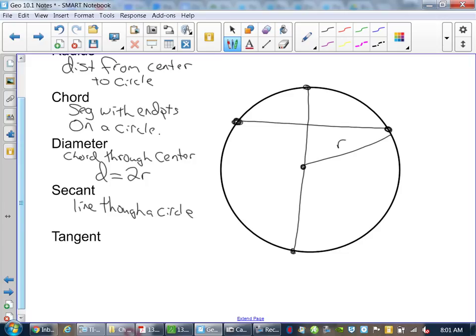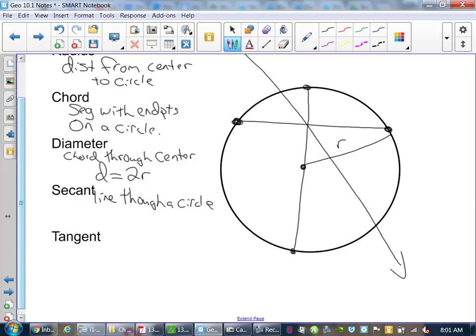A secant is a line that goes through a circle. It's a line that touches the circle at 2 spots. Okay?